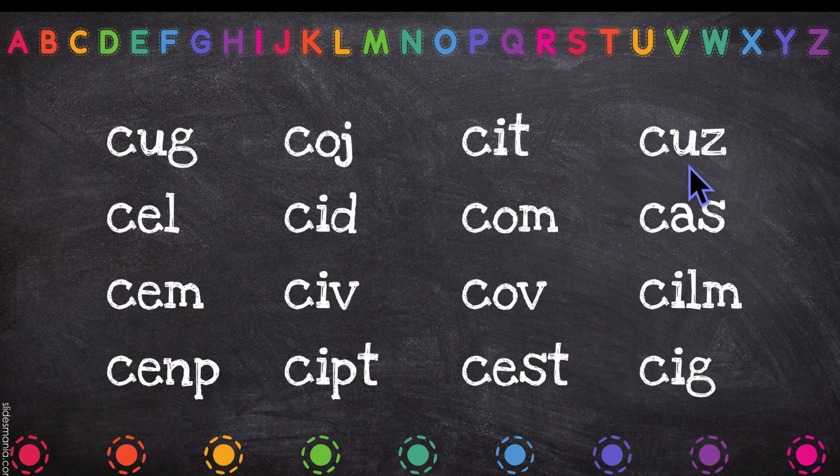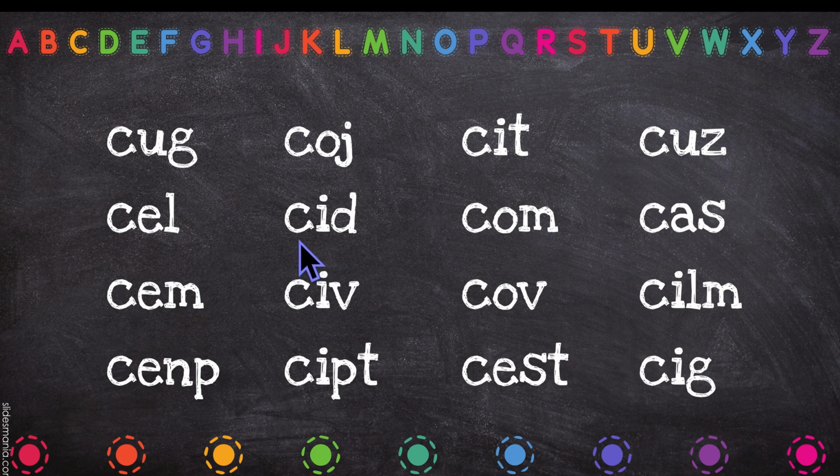Is this an E, I, or a Y? It isn't, so we want the hard sound, K. K. Uz, cuz. Is this an E, I, or Y? Yes, it is. So we want the soft sound. S, s, l, sell. Is this an E, I, or Y? It is. So we want the second sound.